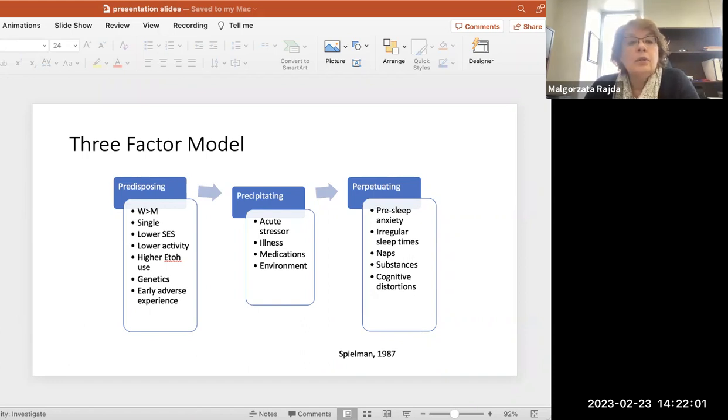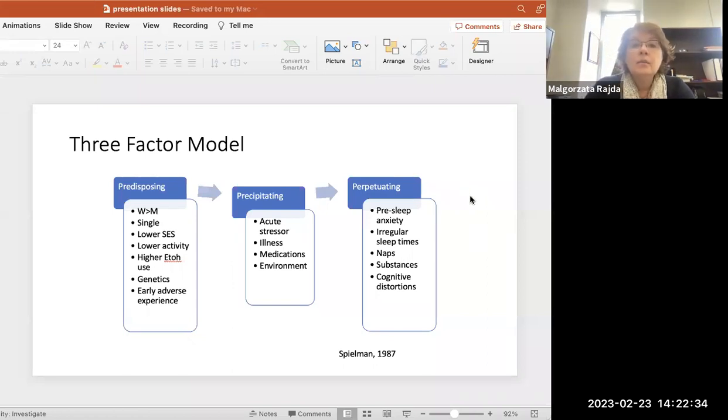Lower education, lower socioeconomic status, use of alcohol, adverse experiences in early life, all of that will predispose people. The precipitant can be something quite innocuous, like changes in the environment, a new medication or illness, something that interferes with sleep. But the most important are the perpetuating factors that will maintain the insomnia complaints.